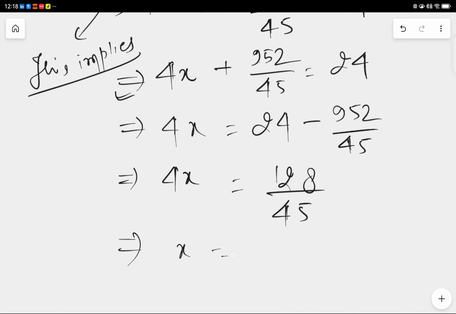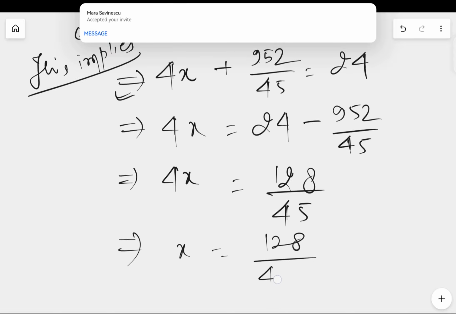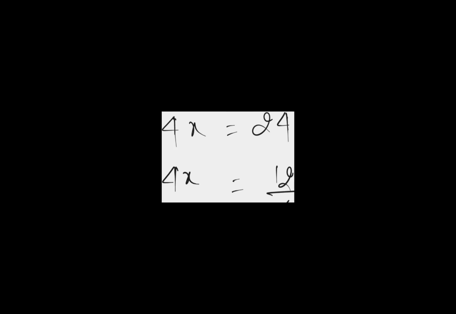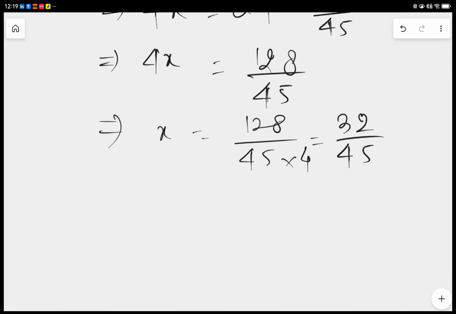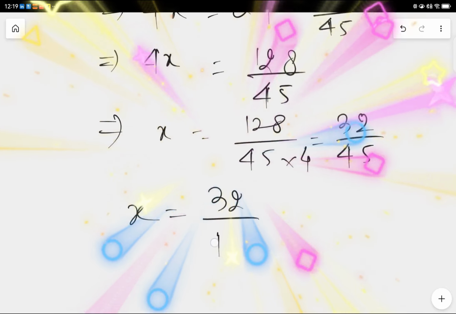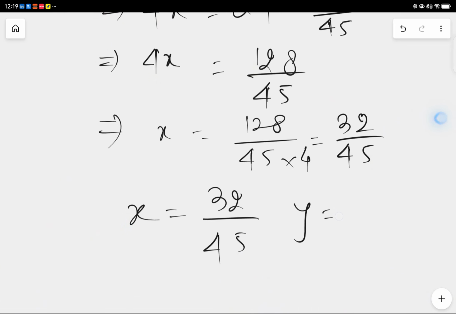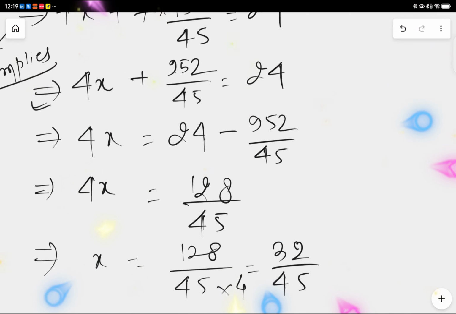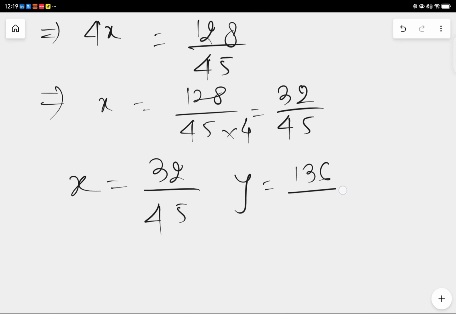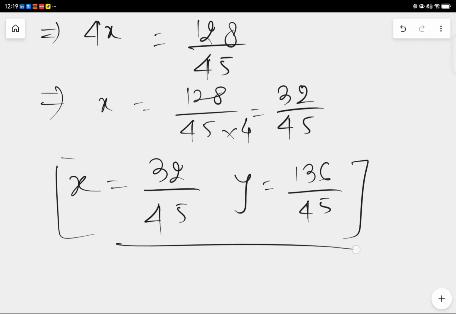That says x becomes 128 by 45 divided by 4. This gives 32 by 45. Hence the value of x equal to 32 by 45 and y equal to 136 by 45 is the solution for this particular set of equations.